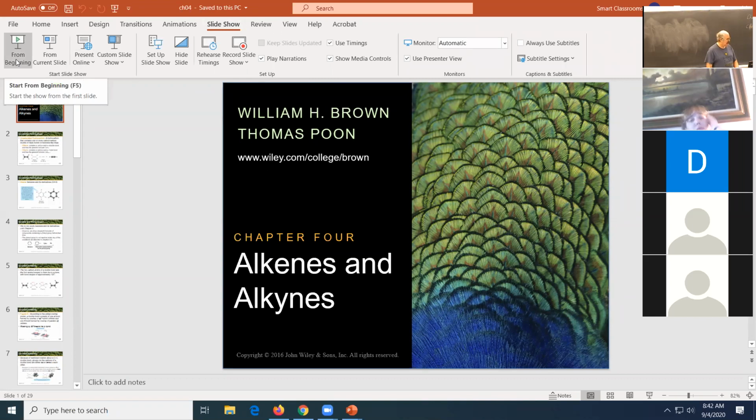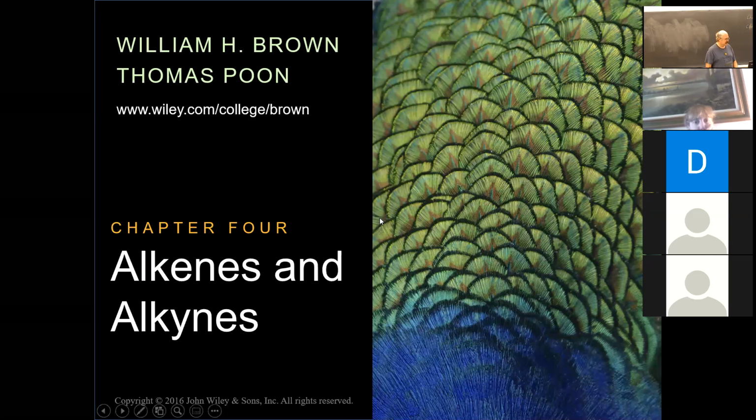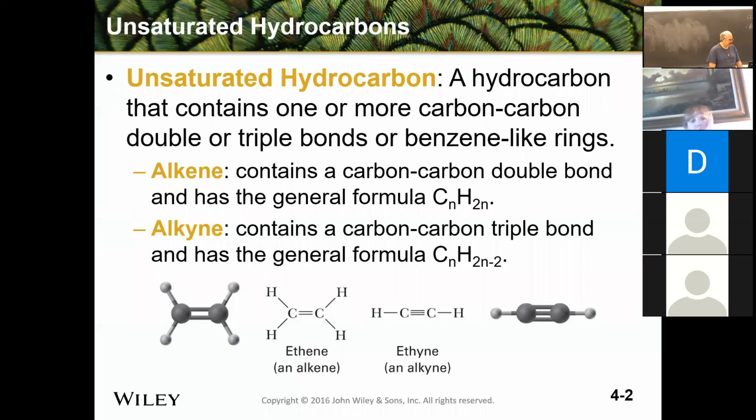In the next few minutes, we're going to start on the subject of alkenes and alkynes. Alkanes are what we call saturated hydrocarbons. That is, they're saturated with hydrogens.